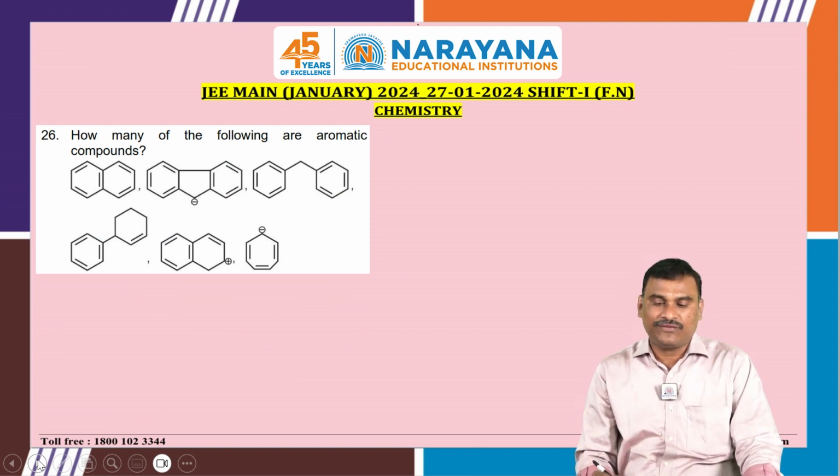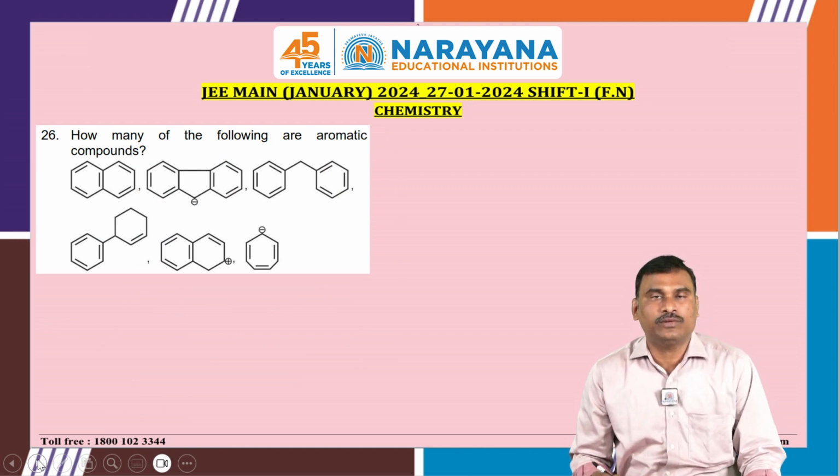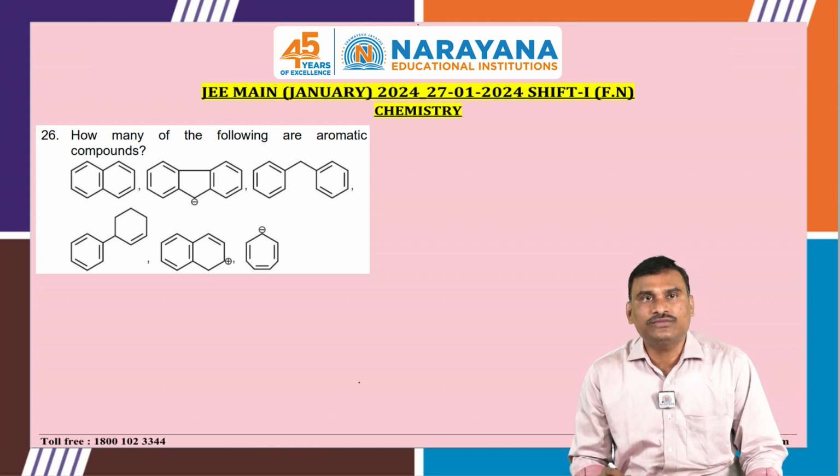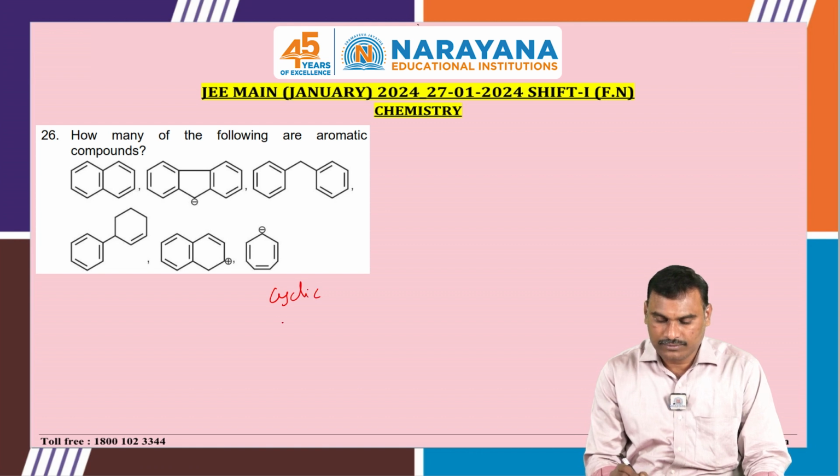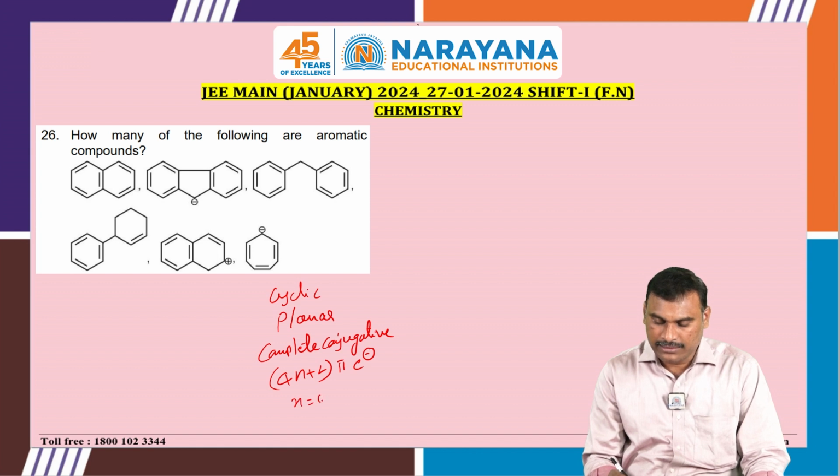Question 26: How many of the following are aromatic compounds? You know those which follow Huckel's rule, that is cyclic, planar, completely conjugated, with 4n plus 2 pi electrons, where n equals 0, 1, 2 and so on.